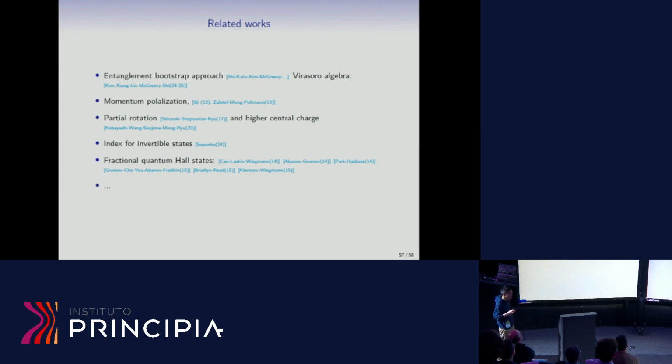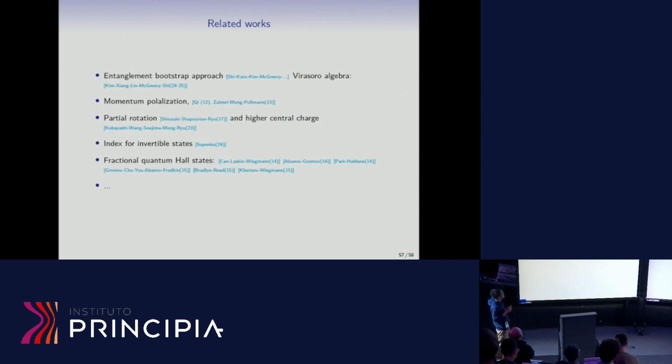Central charge has been extracted from the topological ground state, maybe not by using the idea of entanglement, but there's something called the momentum polarization, which can capture the central charge from the wave function. So starting from here, it started to be slightly different from what we talked about, but I think it's nevertheless related.